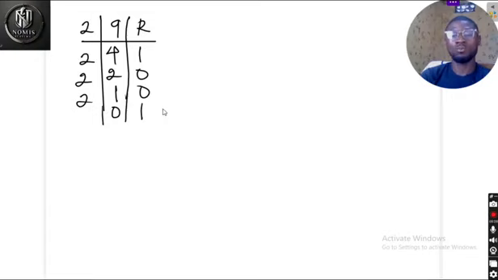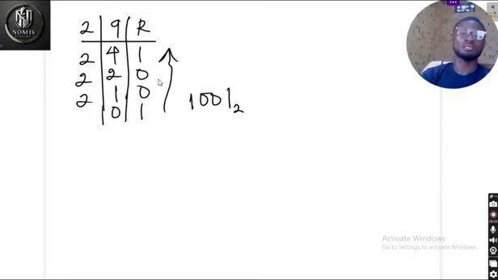So we take our answer upward. So 1001 in base 2. I know you might say, even if I take my answer from the top, it might not be correct for some others. So that's why this general rule is taken, that you take your answer upward.